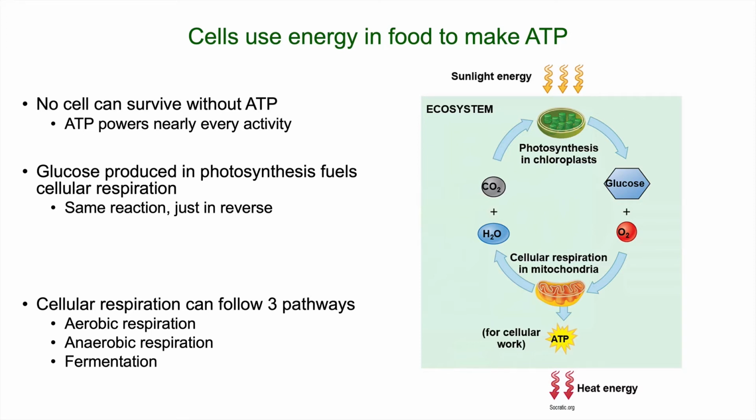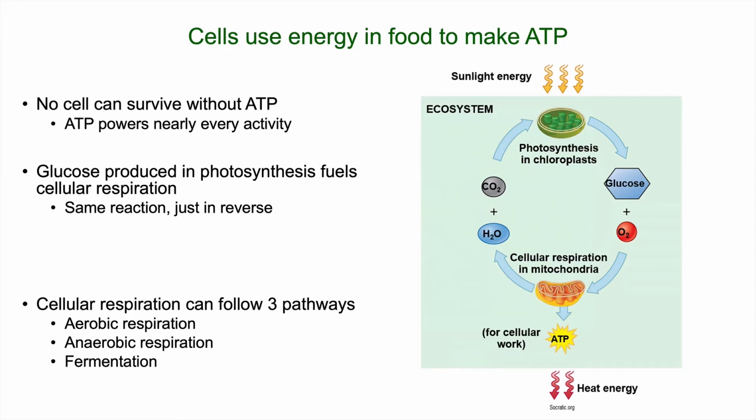Ultimately, in most living organisms, energy is coming from the sun. Photosynthesis, which we'll look at in Chapter 8, is going to take that sunlight and combine inorganic carbon dioxide and water to form glucose and release free oxygen.